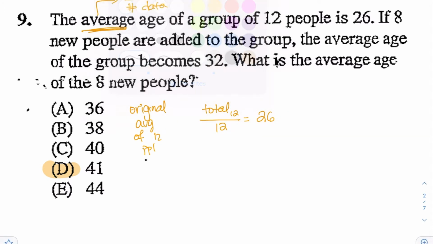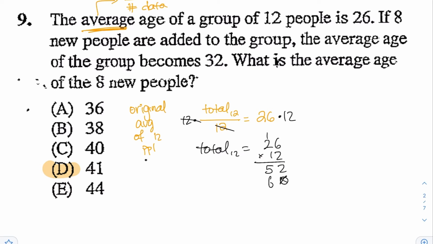So to solve for the total of 12, this numerator, you can multiply both sides by 12. And when you do that, you cancel out the denominator. So then the total of these 12 people is equal to 26 times 12, and that's going to be 312.